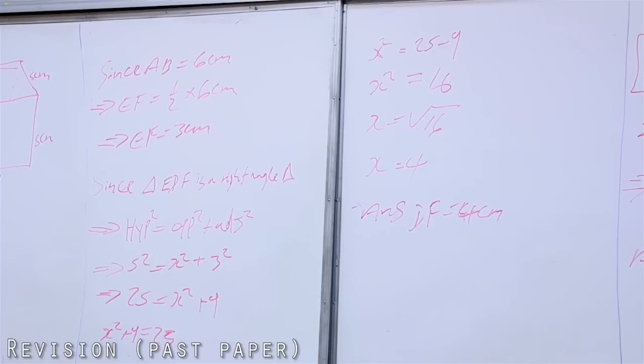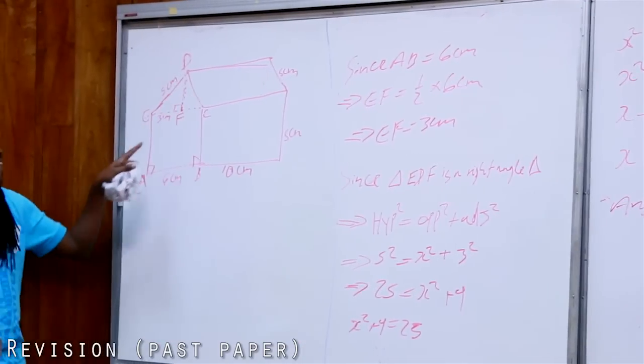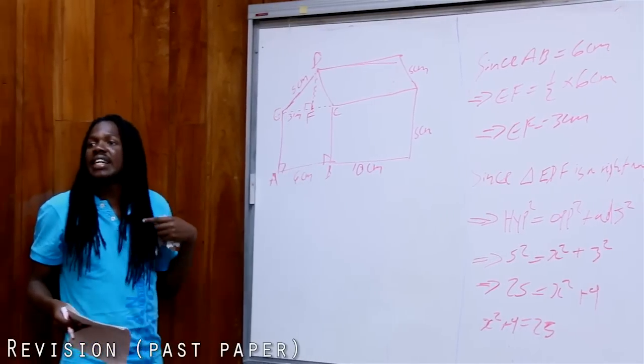Find the area of the face of ABCDE. So I want the face. All you have to do is find the area of this and find the area of this and add them together.